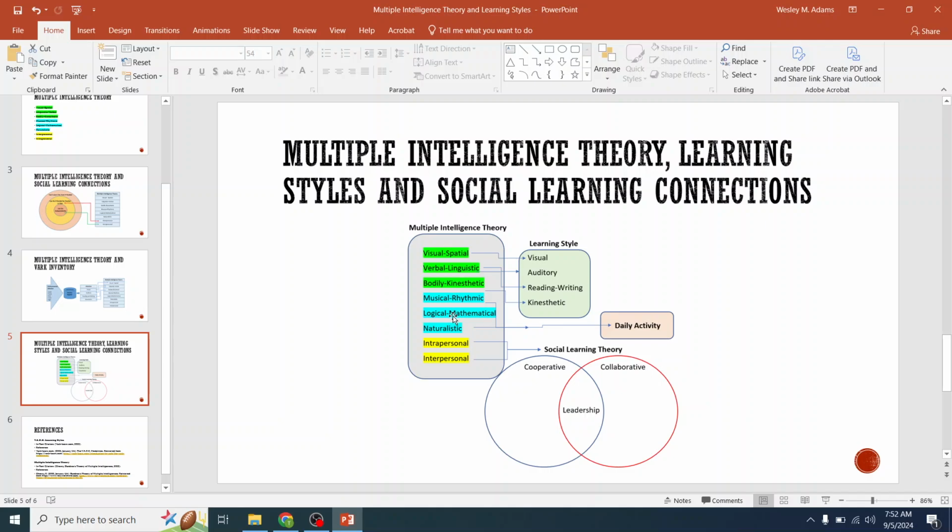For this semester and these activities, musical rhythmic is going to be tough to pull off. There's nothing really that we have that applies to that other than the procedural component to that, but we'll get that in the logical, mathematical. And then the naturalistic, there's nothing really from nature that we're going to have. So these 2 are going to be hard for this semester's activities to apply.